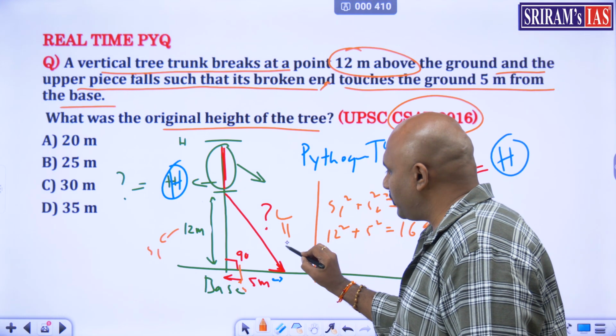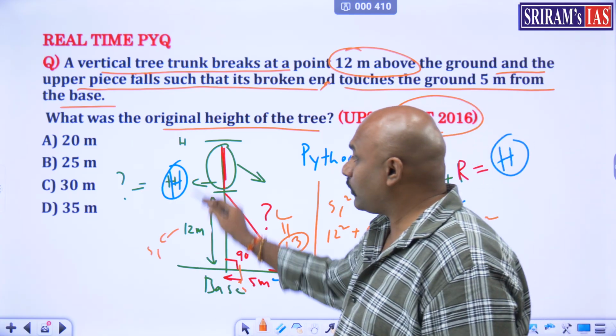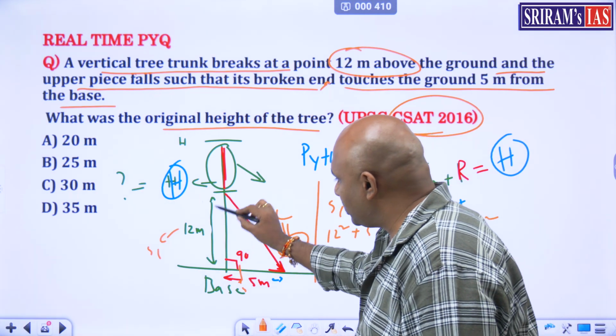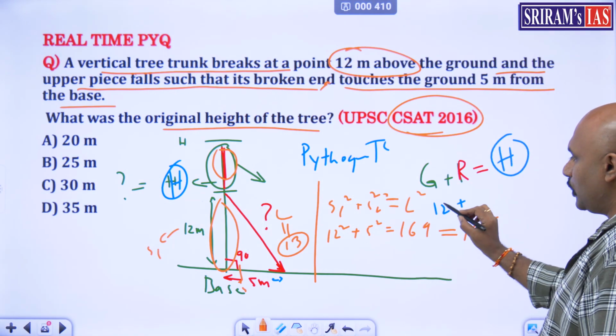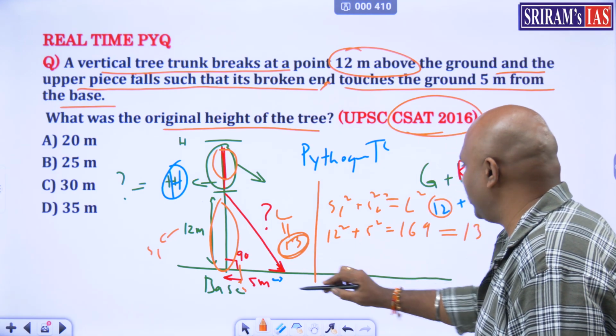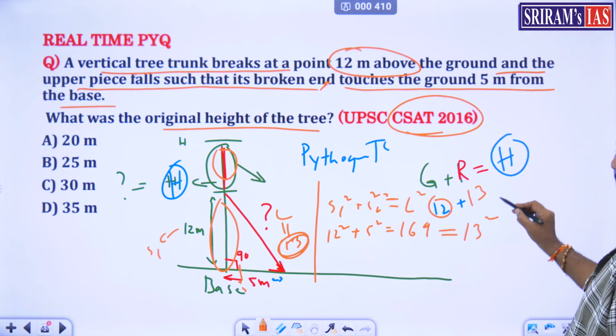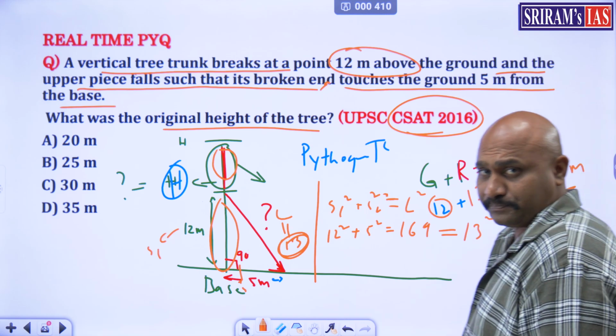Therefore, this long side becomes 13 units. Now, the height of the whole tree is this part plus this part, which is 12, we already know, plus the new red line, 13 units. Therefore, the height of the tree is 25 meters.